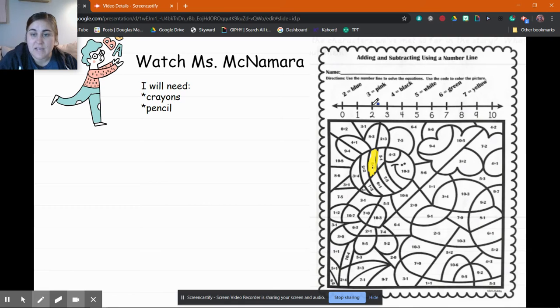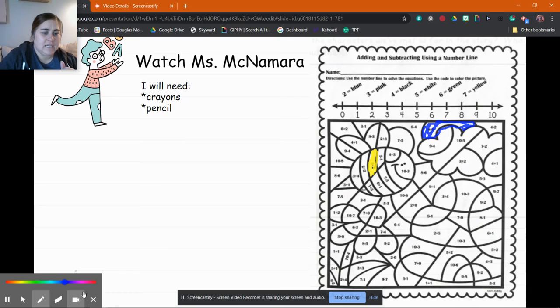If I have 8 and I take 6 away, I have 2. If I look at my key, 2 is blue. So I would color this whole shape blue, and then move on to my next problem.